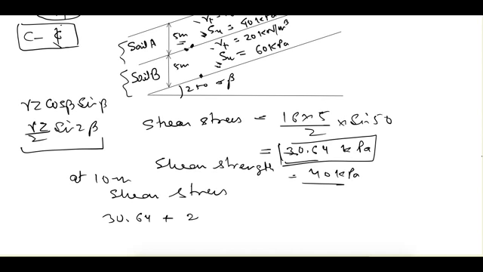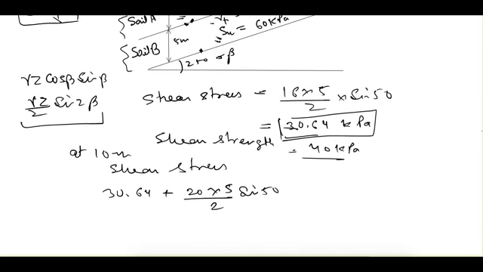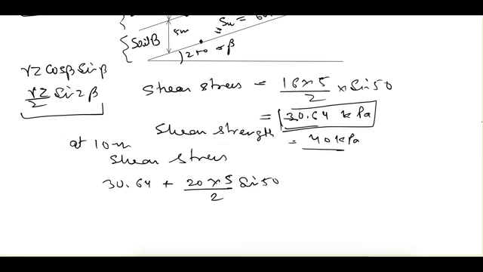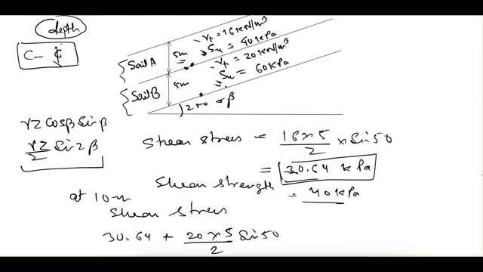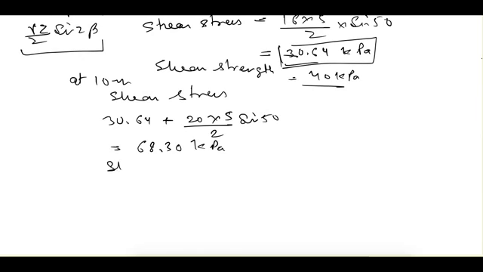So gamma here is 20, z again 5 meters, and 2 sin 50. Now this shear stress comes out to be 68.3 kPa, and for this soil the shear strength is how much? 60 kPa. The shear strength is equal to 60 kPa.